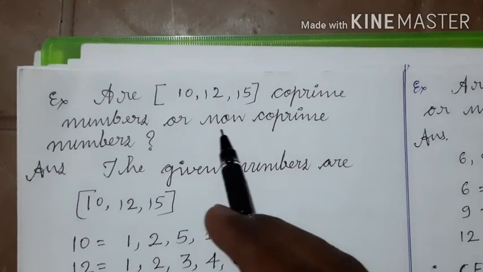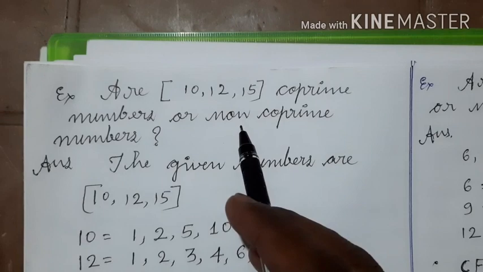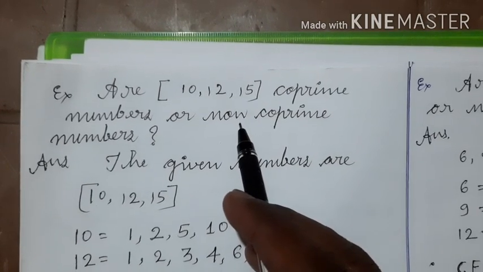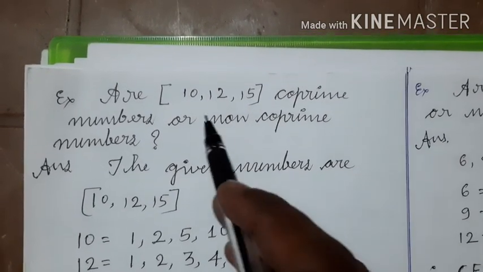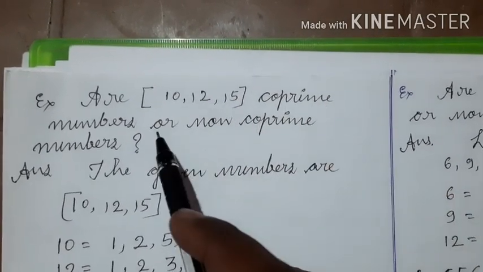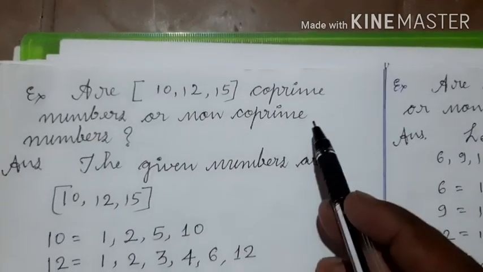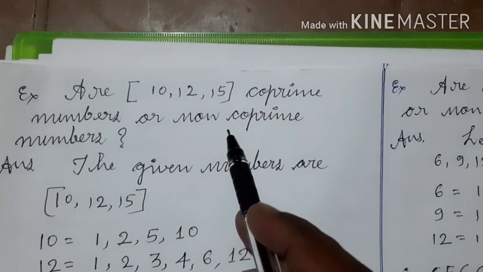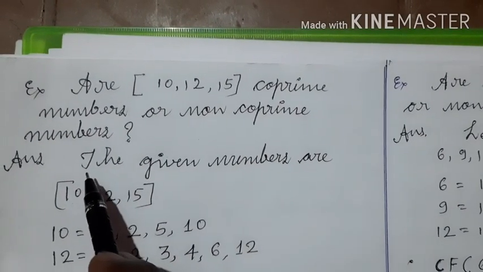Let us see it. Are 10, 12, 15 co-prime numbers or non-co-prime numbers is the question here. Let us see.